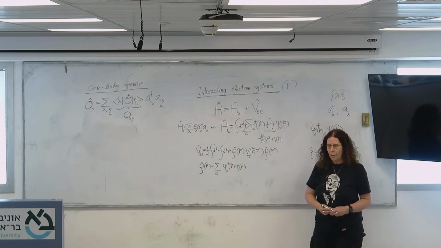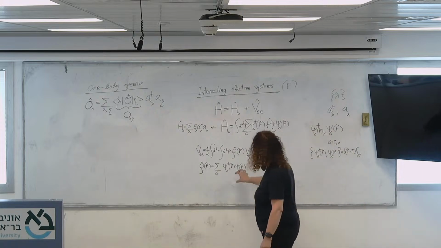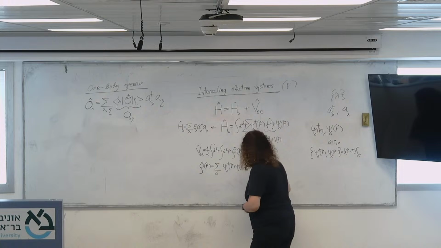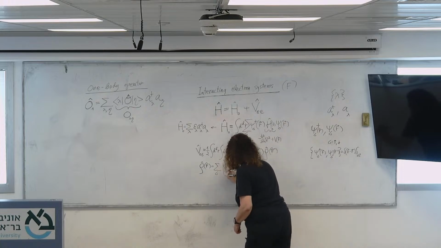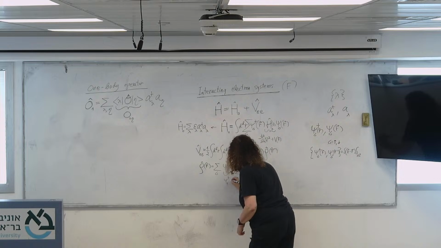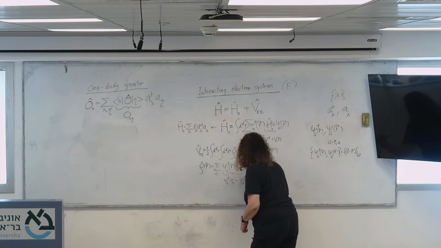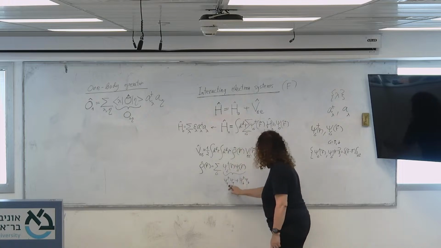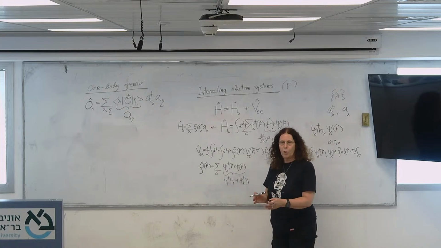So in the density, if I'm writing this explicitly, it's psi dagger up, psi up, plus psi dagger down, psi down. It's just summing the contribution of each spin.